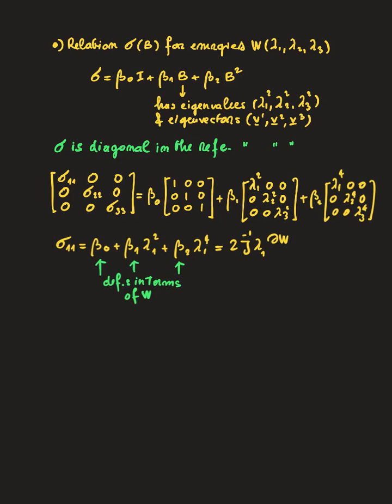Let me put a little hat on top to say that I'm using an energy expressed in terms of the eigenvalues instead of the invariants, differentiated with respect to lambda 1, which is rather simple.